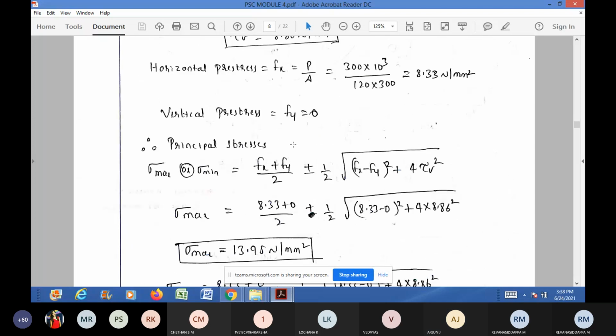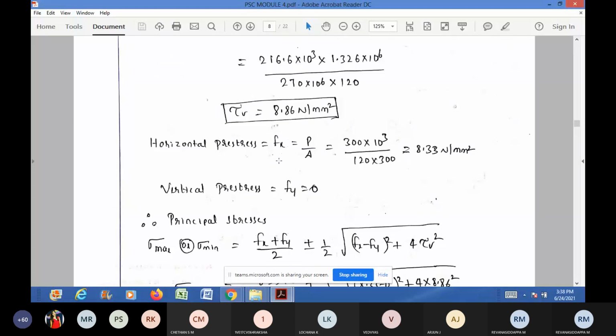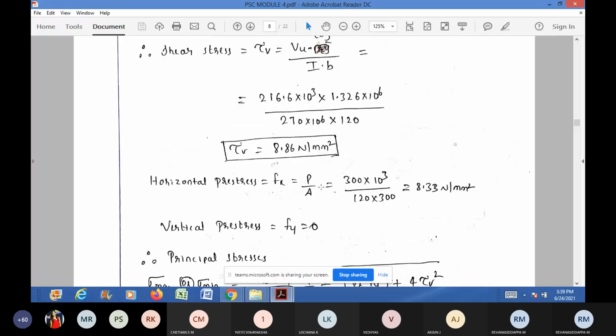Now, as per this formula, we got tau v. The next thing we want is Fx, that is the horizontal pre-stress due to the pre-stressing force, that is P by A. You calculate it, Fx equal to P by A. Pre-stressing force is known, 3 into 10 power 3. Area you can calculate, 120 by 300. You will get Fx as 8.33 Newton per mm square.